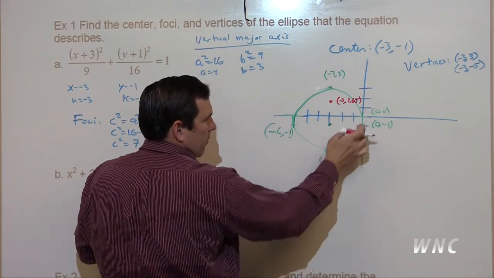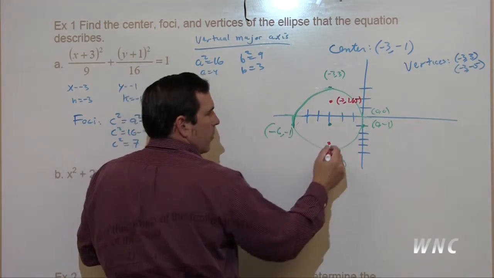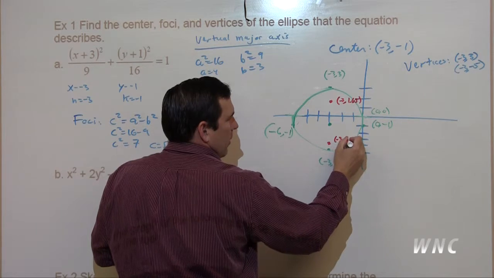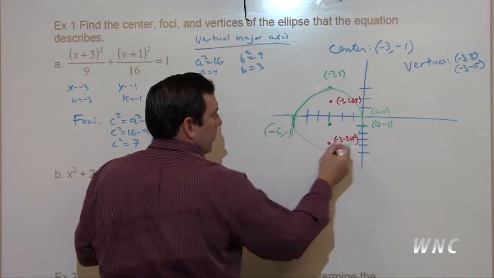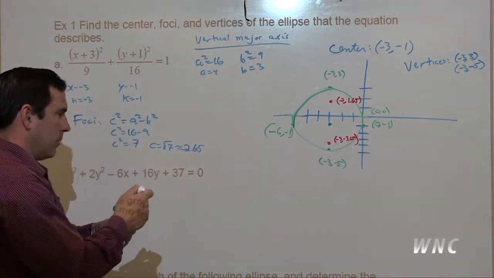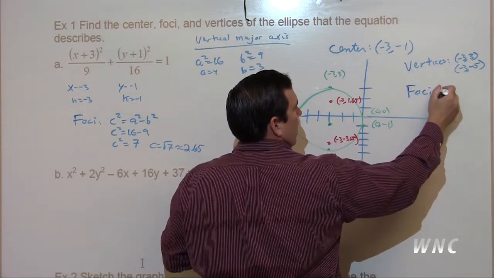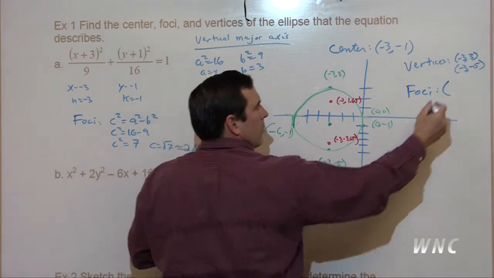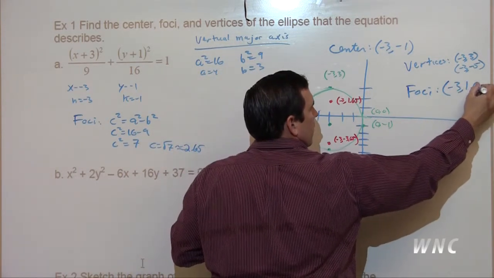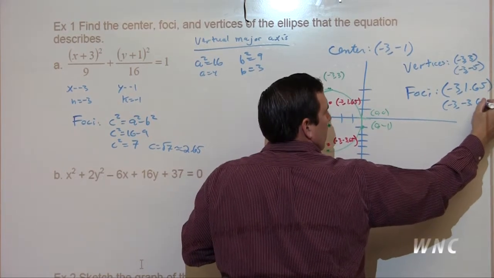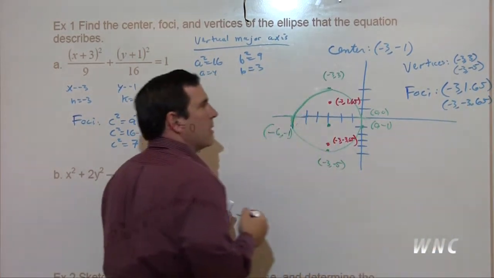I didn't draw this, didn't scale this consistently. That's probably the problem here. And that's going to be at -3, -3.65 for our foci. And that's the approximation there.